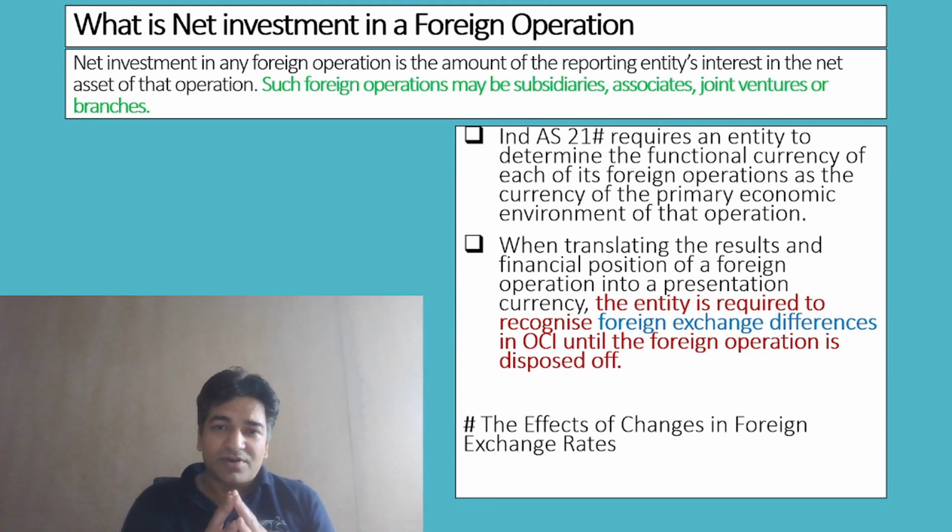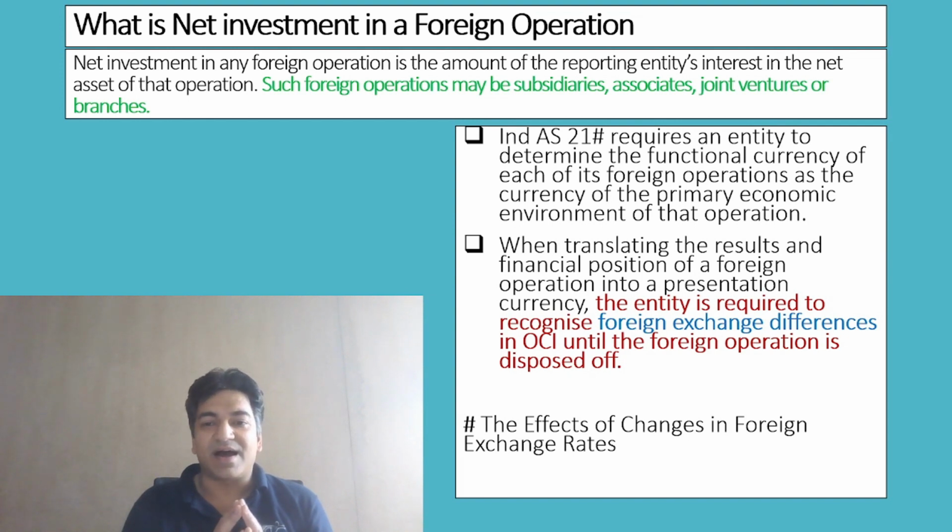So let us also talk about Ind AS 21, that is, the effect of changes in foreign exchange rates. Ind AS 21 requires an entity to determine the functional currency of each of its foreign operations as the currency of the primary economic environment of that operation. And when translating the results and financial position of a foreign operation into the presentation currency, the entity is required to recognize foreign exchange differences in other comprehensive income until the foreign operation is disposed of.